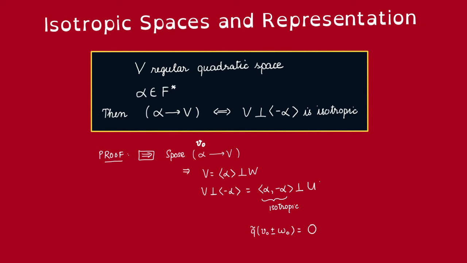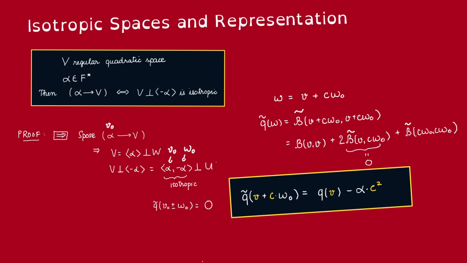If you don't remember how we got that this space is isotropic, we can review a bit. Let's say that alpha was represented by the vector V naught, and we already have that minus alpha is represented by W naught, right? Then the claim is that the quote-unquote norm of these vectors are going to be 0, but not both of them can be 0 though, because V naught and W naught are non-zero. So one of these is non-zero, but their norm is 0. Why is this norm 0?